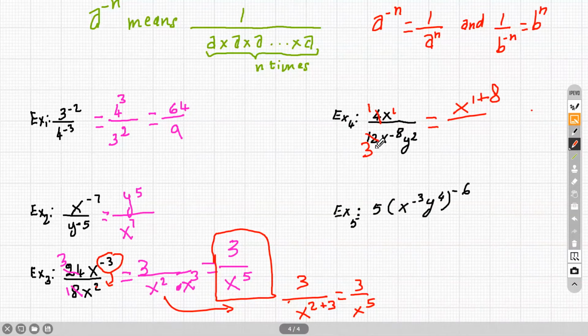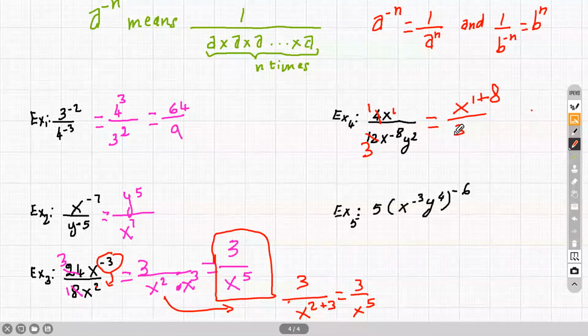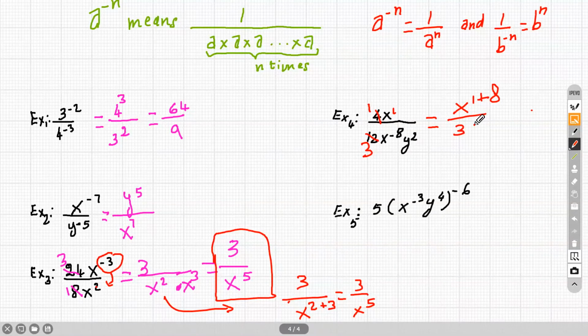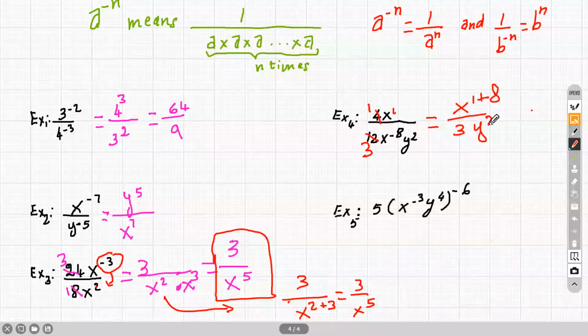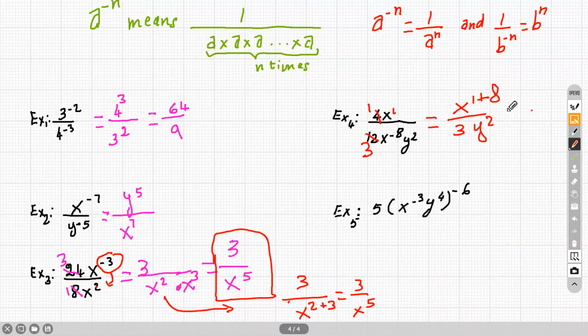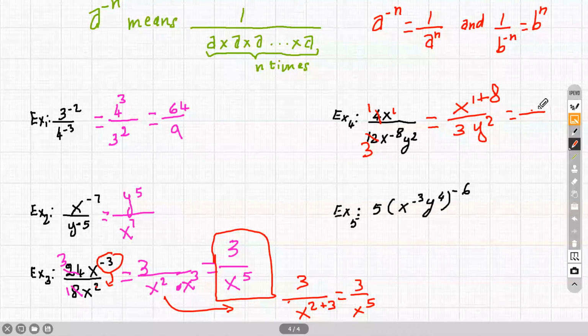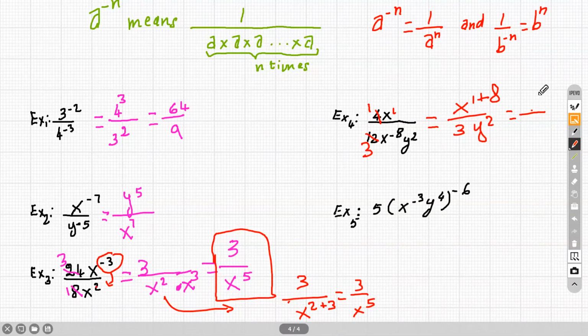We have 3 in the denominator from dividing 4 by 12. And y squared is unchanged. So let's rewrite this. 1 plus 8 is 9. So we have x to the 9 over 3y squared, and then we are done.